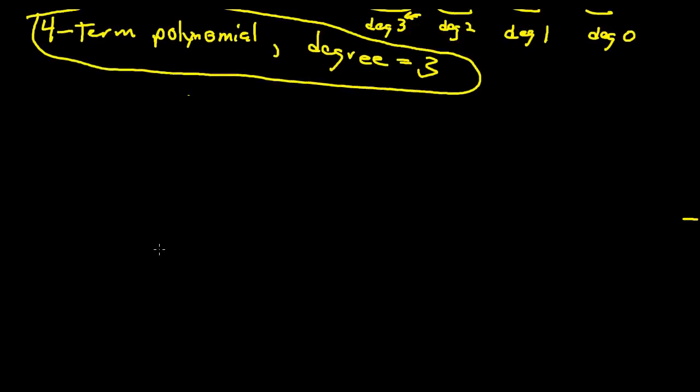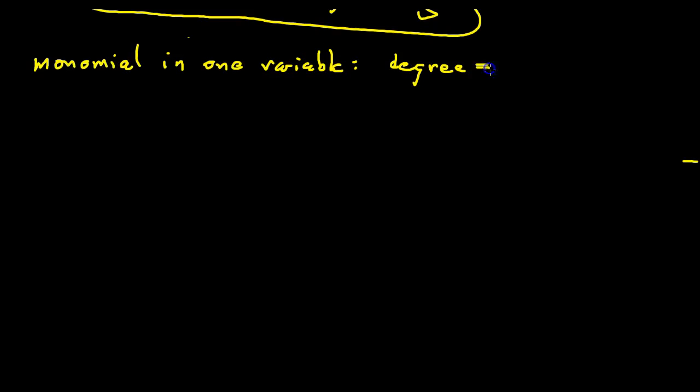All right, let me briefly review the rules for identifying a degree. If you've got a monomial in one variable, the degree equals the exponent on that variable.